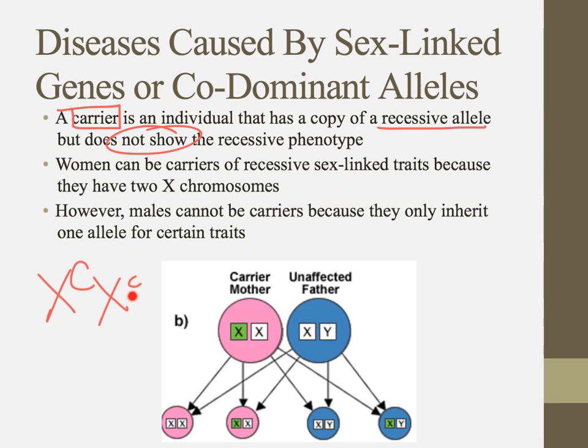She carries that recessive allele, but she's not colorblind because she has this dominant gene for regular vision. Males, on the other hand, can't be carriers. To be a carrier, you have to have the recessive allele, and since the Y chromosome doesn't have that gene on it, this person is going to be colorblind. So that doesn't count because, remember, carriers don't show the recessive trait.